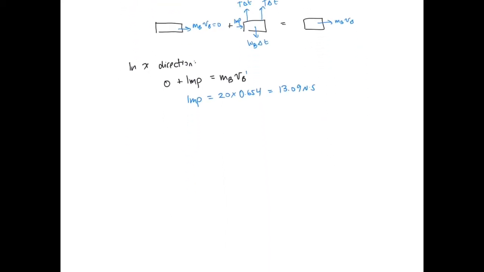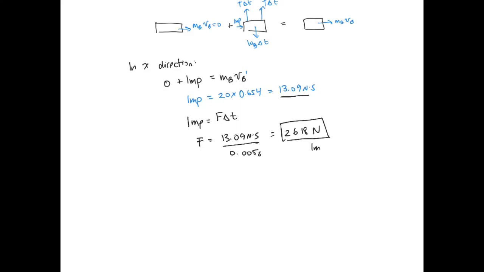The impulse is 13.09, and the impulse is equal to the force times delta T. Therefore, our force is equal to 13.09 Newton seconds divided by 0.005 seconds, which gives us 2,618 newtons. This is the impact force.